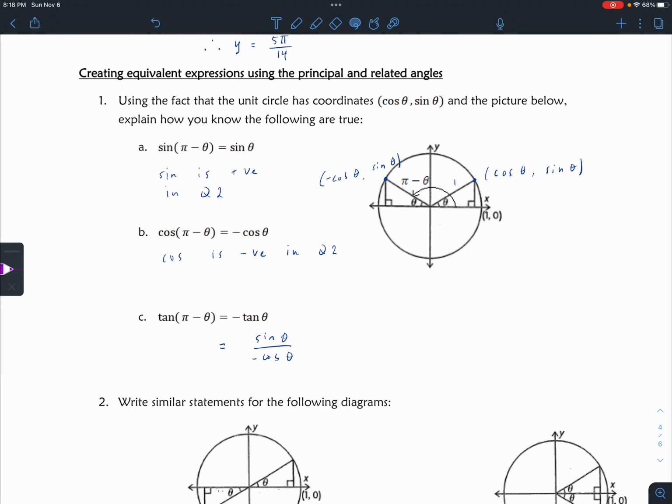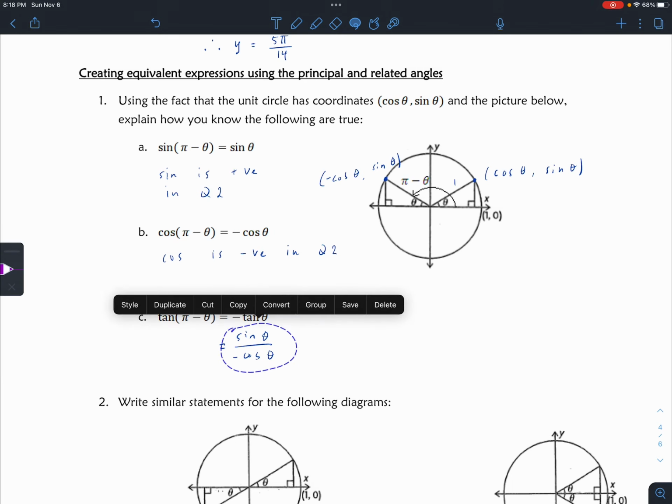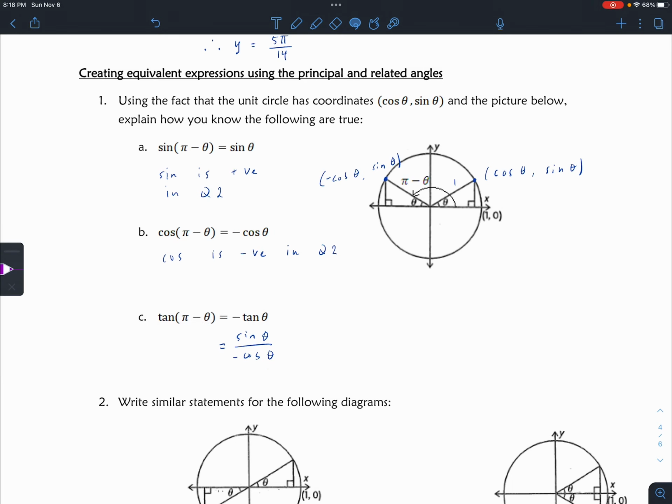And so that is going to be negative tangent theta. So tangent is also negative in the second quadrant along with cosine. Tan is negative in Q2.